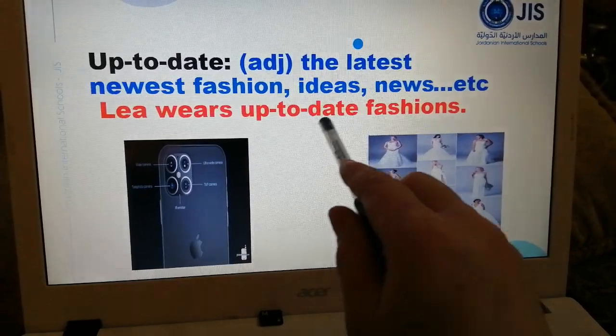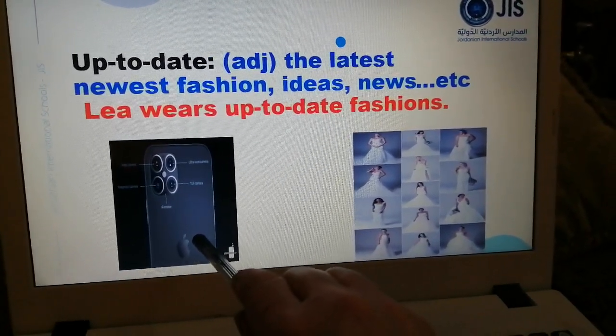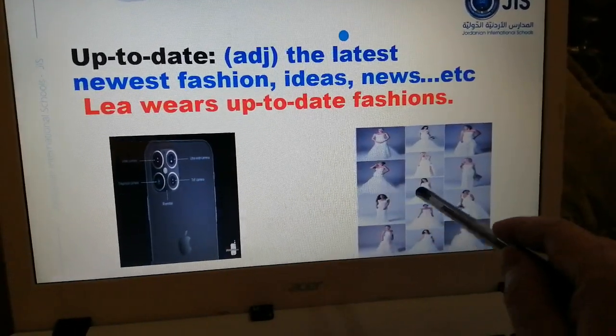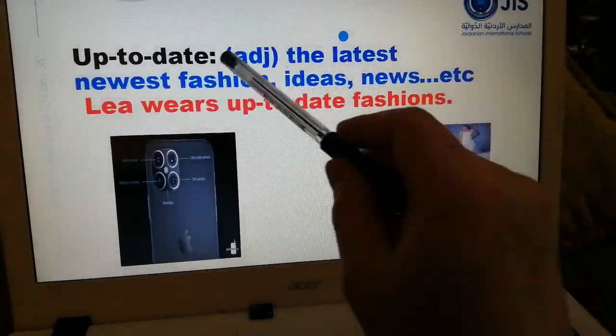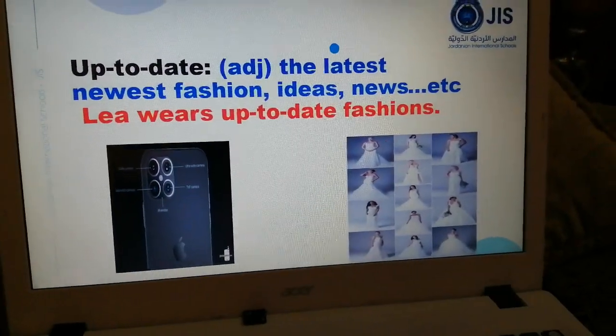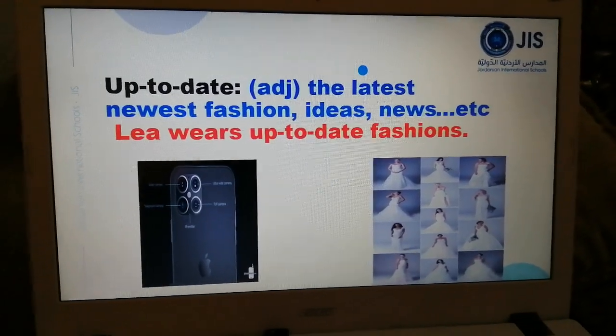Lee wears up-to-date fashions. Or for example, this is an up-to-date iPhone. For example, here are up-to-date wedding dresses. So up-to-date means the latest or the newest and it's an adjective. Okay, and it's a hyphenated compound word.